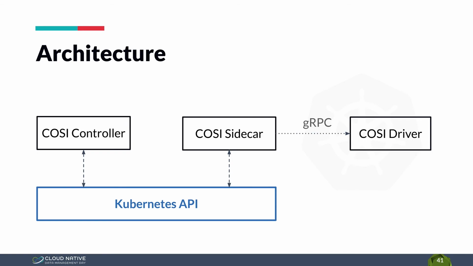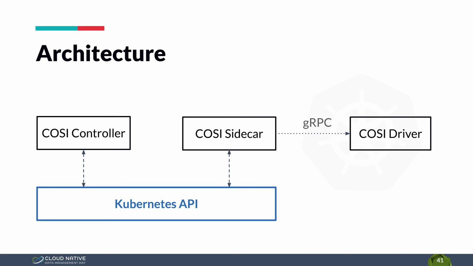The controller and sidecar could technically be one unit, but we broke it up because we wanted to reduce the attack vector between something like the controller, which has broad access to all the buckets in the cluster, and something like the sidecar, which is supposed to be there for every single vendor driver. So there will be multiple COSI sidecars, one for each driver. So you can have multiple COSI drivers in your environment, and so you can have multiple object storage systems in one Kubernetes cluster.